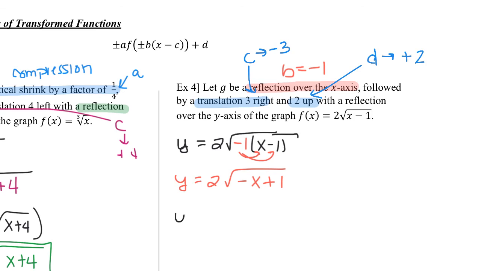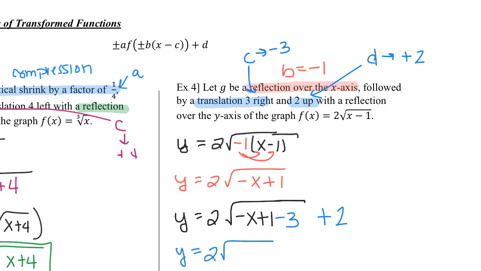So we've got y equals 2 square root of negative x plus 1, and then I have the minus 3 transformation underneath. Then on the outside, I will have a plus 2 transformation. So let's clean up what we can. y equals 2 square root of negative x, 1 minus 3 makes negative 2, plus 2.